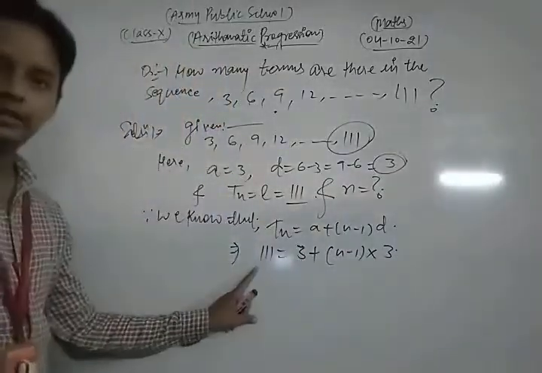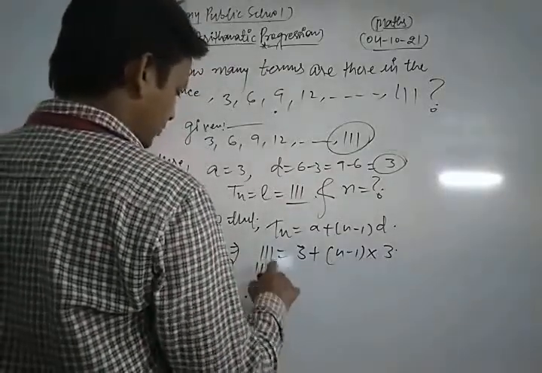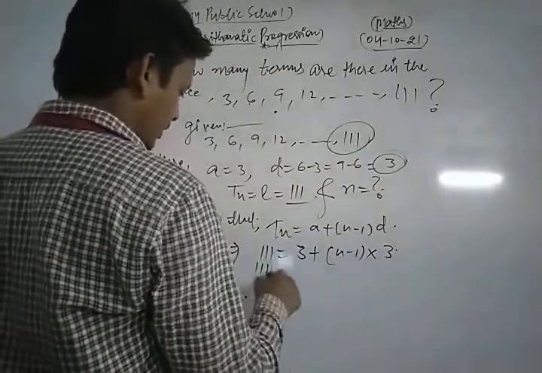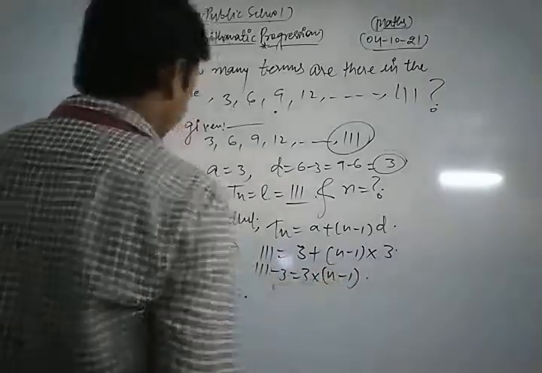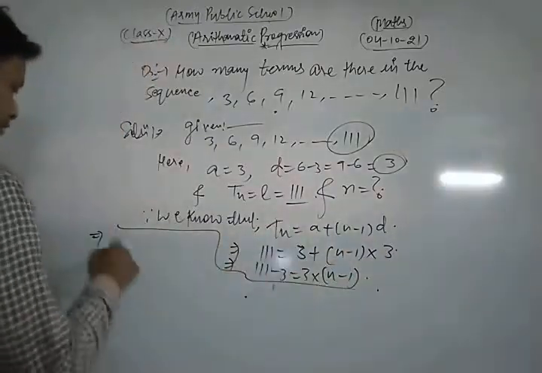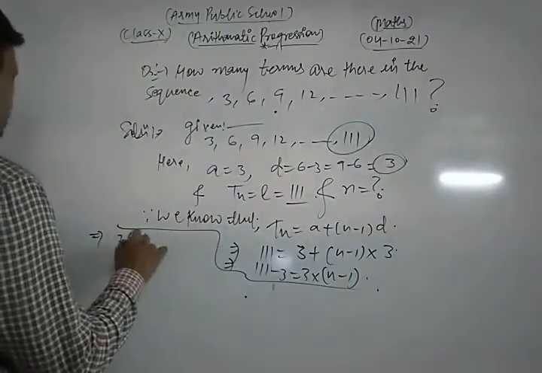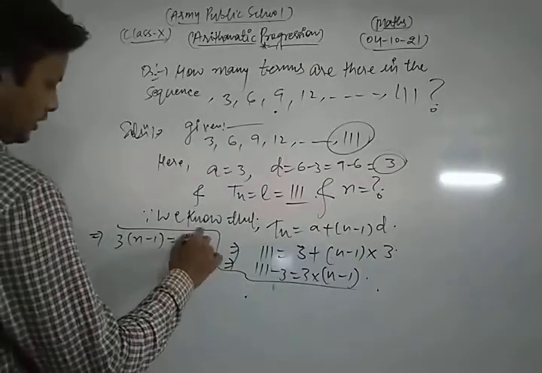Now we simplify them. So this is 111 minus 3 is equal to 3 into n minus 1. Now from there we get 3 into n minus 1 is equal to 108.